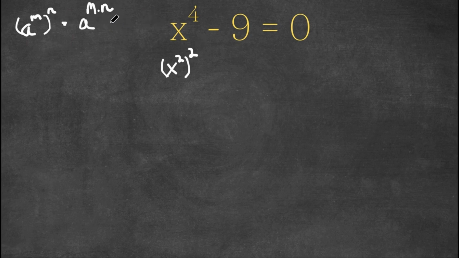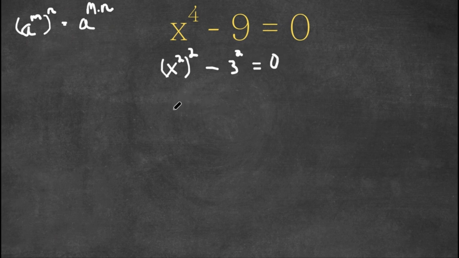So I'm simply reversing this, converting it back to its original form. So x squared to the power of 2 minus, I'm going to change 9 to 3 squared. And this is still equal to 0.